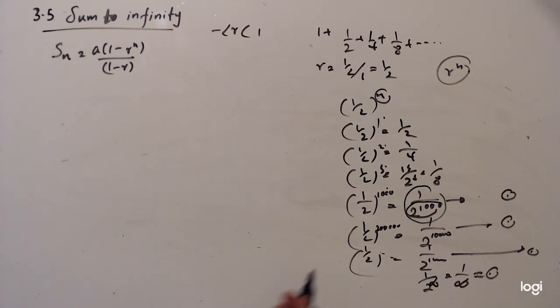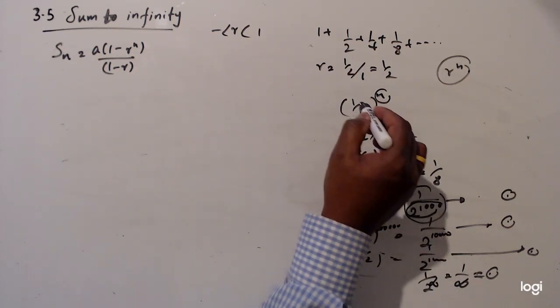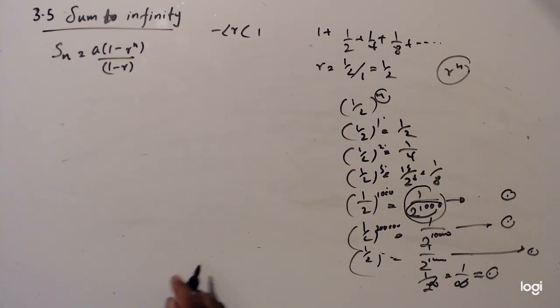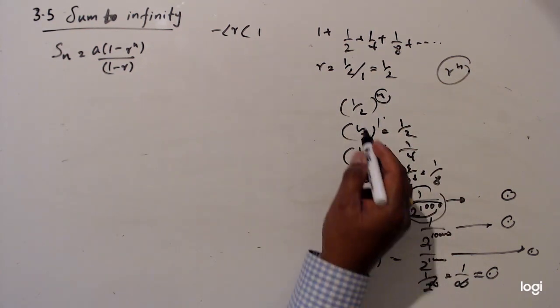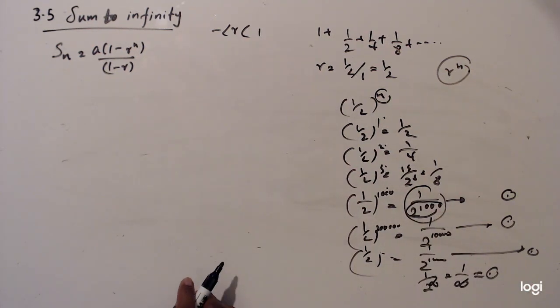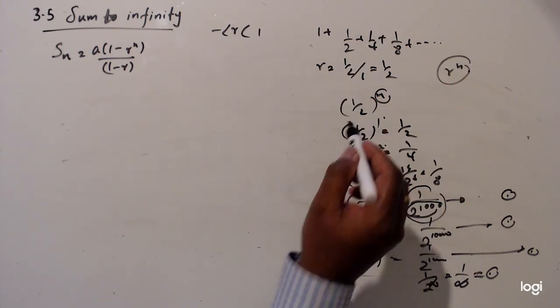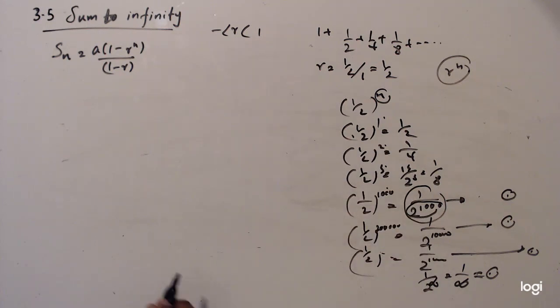So what I want to emphasize is what happens to a fraction when the power is increasing: the value of the fraction goes to 0. If it is infinity, then the fraction value is 0. This is the idea behind it. I am talking about proper fractions, not improper fractions.